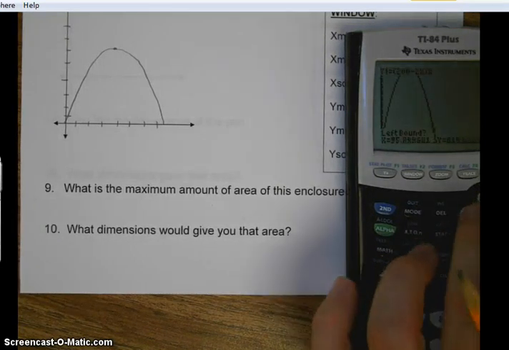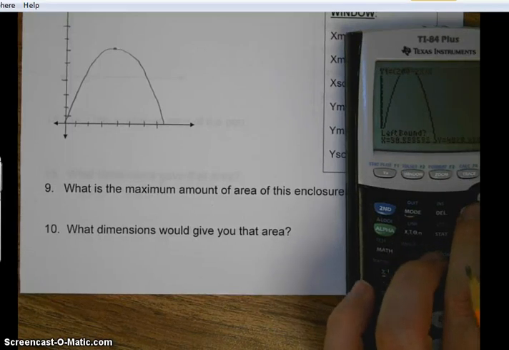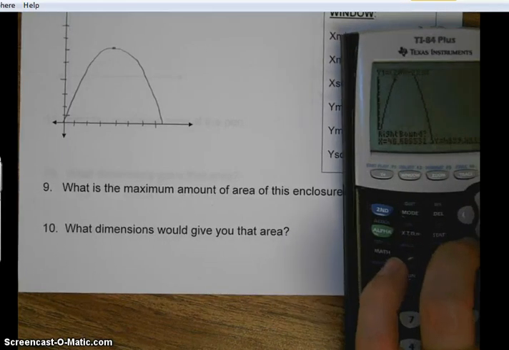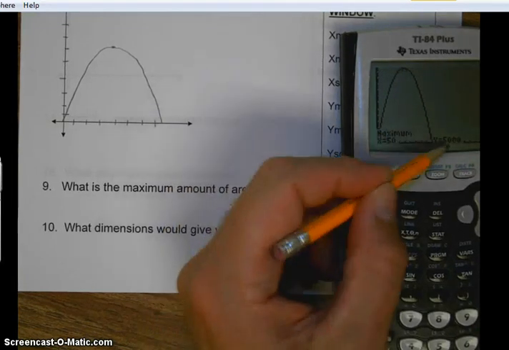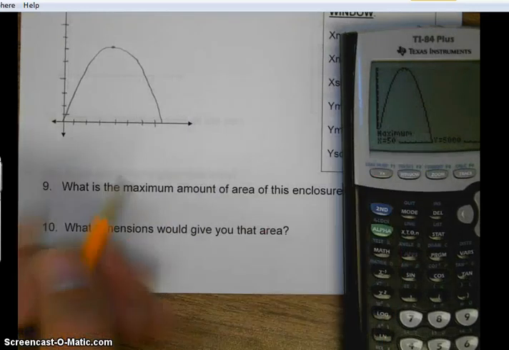Let's see. All right, so we have a maximum area of 5,000 square feet.